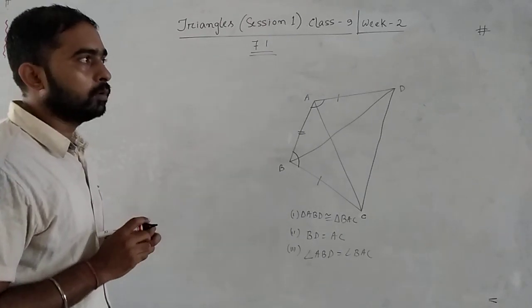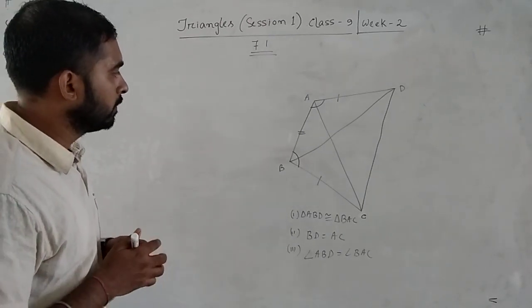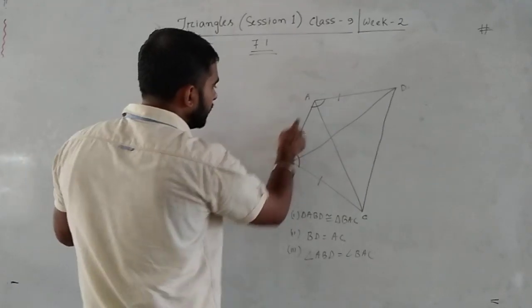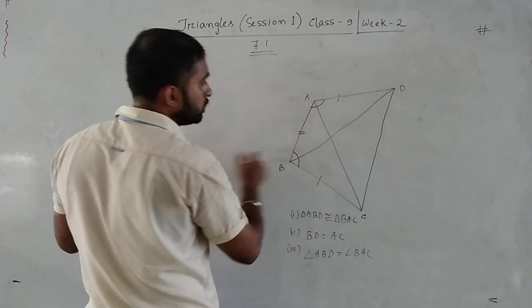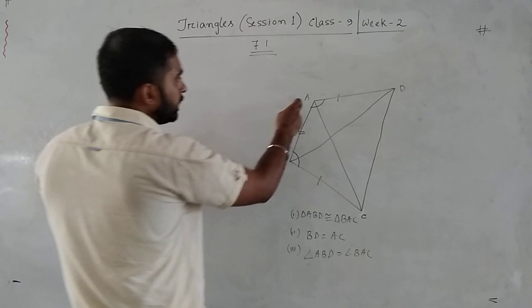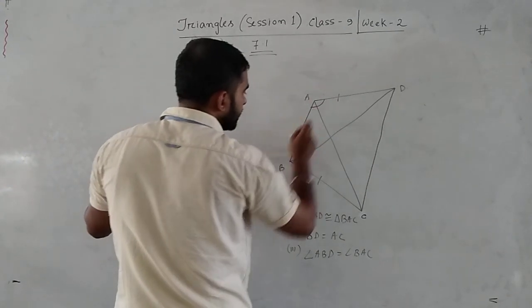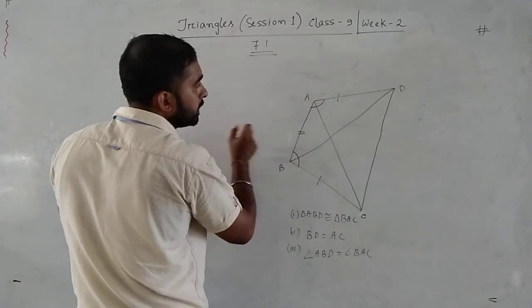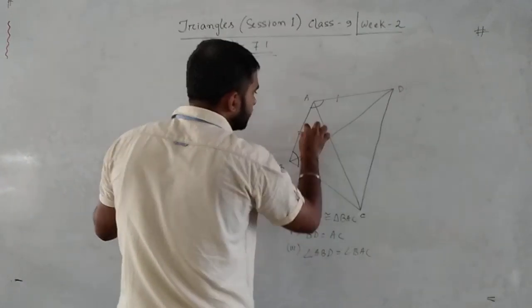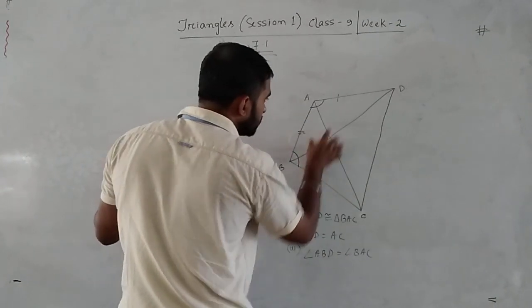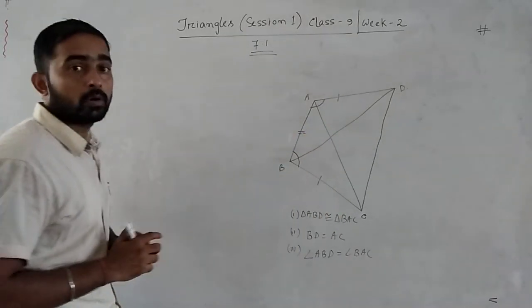AB is common. Then, in triangle ABD and triangle BAC, AD equal to BC, which is given. And then in triangle ABD, this angle, in triangle BAC, this angle equal, which is also given. So by side angle side, these two triangles are congruent.